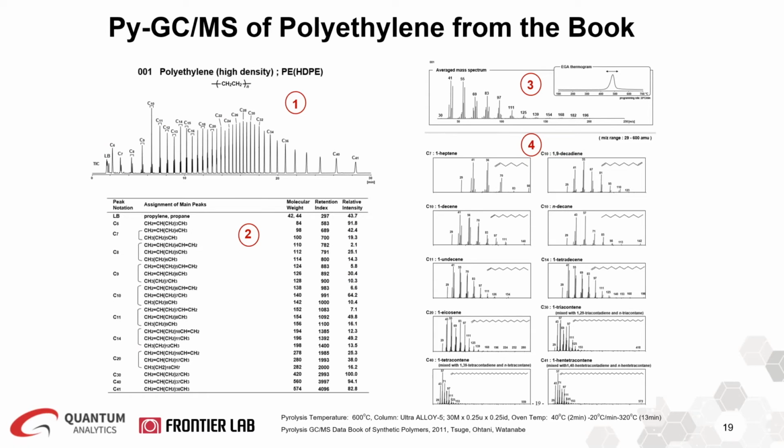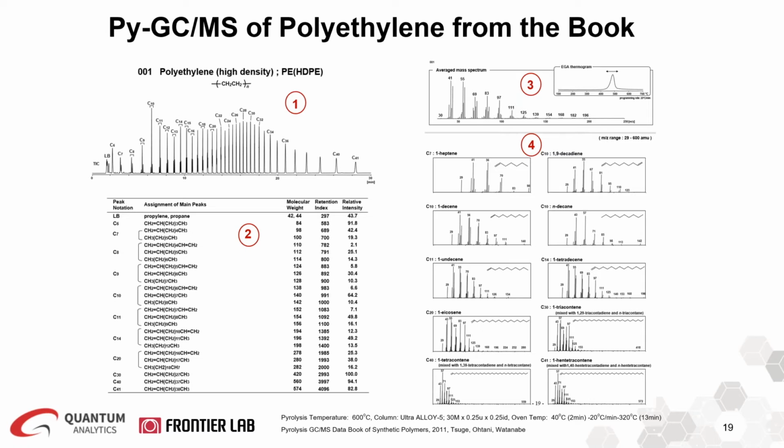So here I'm showing an example page from the book for pyrolysis GCMS of polyethylene. As you can see, the pyrogram of the polymer, in this case polyethylene, that was performed at 600C is shown as number 1. Number 2 is the peak assignment table together with the molecular weight, the relative intensity, and the retention index.